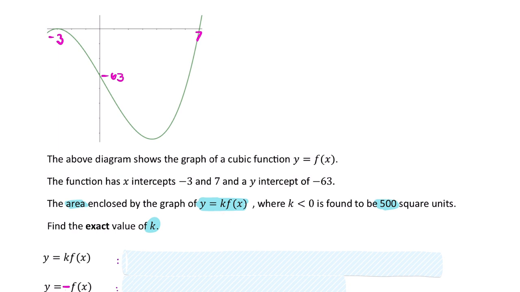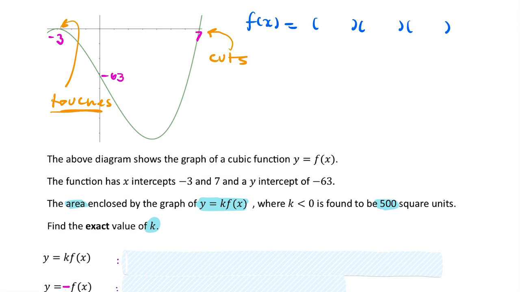So because this is a cubic function, and we know it's a cubic because it has the characteristic cubic shape with 2 turning points, we can guess that f of x will look something like this. And it looks like we have one point where the curve cuts the axis, and one point where the graph touches the axis.